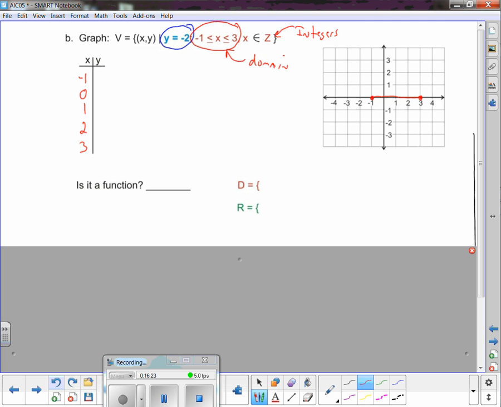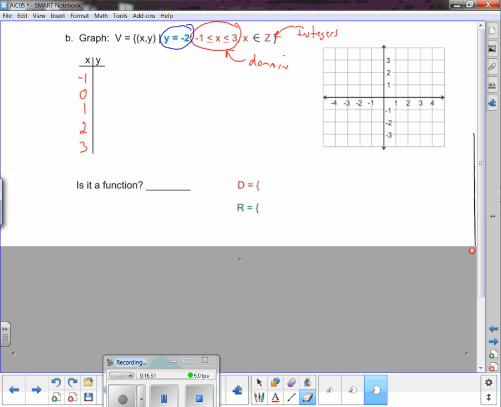Now, which are the integers? -1, 0, 1, 2, 3 are the integers, right? That's where we got the -1, 0, 1, 2, 3 from. Because we understood that this is from -1 to 3, but only the integers from -1 to 3. Okay? All right, so you had to be able to get that.